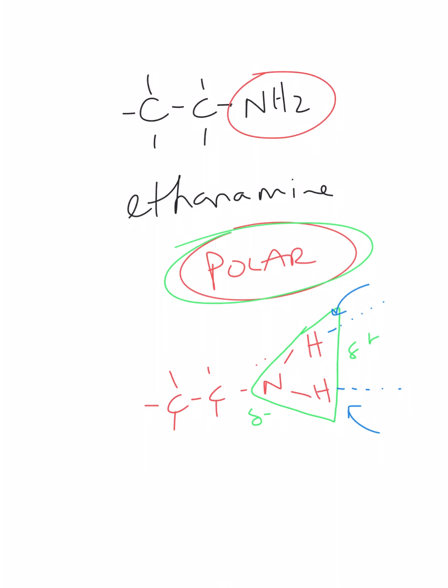Remember, any hydrogen covalently bonded to a nitrogen, an oxygen, or a fluorine has the potential to interact with neighboring molecules via hydrogen bonding. So, most importantly, these can hydrogen bond with water. So small amines, if they get too large this won't be true, but small amines are water soluble, as they are polar molecules, and they also have hydrogen bonding capability.